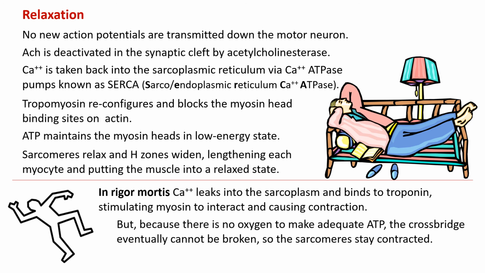If there's not enough ATP, the cross bridge eventually can't be broken. The final cross bridge won't have any ATP to bind to the myosin head, so the cross bridge won't be broken. So the sarcomeres, having done a bit of contraction because of the availability of calcium, stay contracted. And that gives rigor mortis.